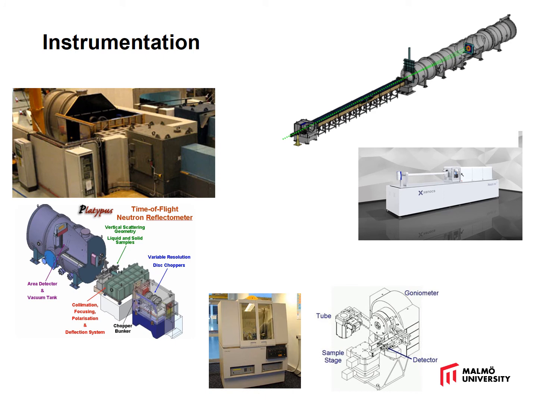Here is some instrumentation that can be used for these kinds of experiments. This is a time of flight reflectometer, and the sample goes here, and there's an area detector where you can change the distance and the position to give you variable solid angles.